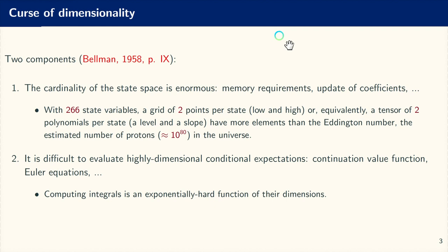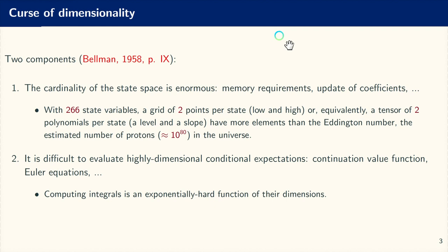There is a second aspect of the curse of dimensionality, which Bellman already mentions, but that economists sometimes do not appreciate enough, which is that it's very difficult to evaluate highly dimensional conditional expectations.